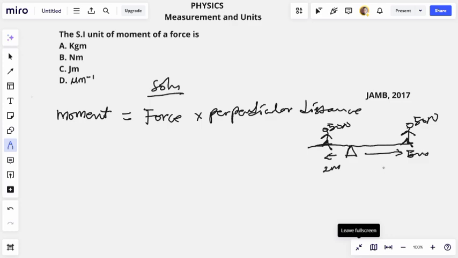So when you talk about moment of a force, mathematically it's defined as the product of force times what? Perpendicular distance. However, the actual meaning of moment is the turning effect of force. Moment means what? The turning effect of force.